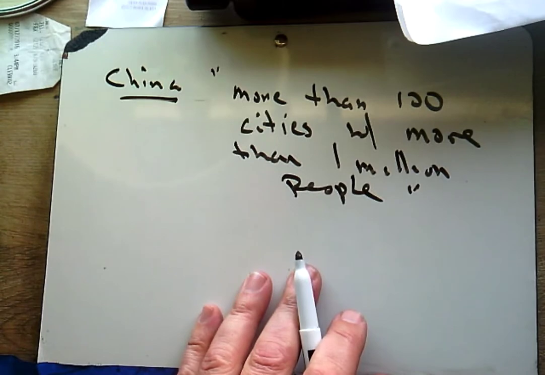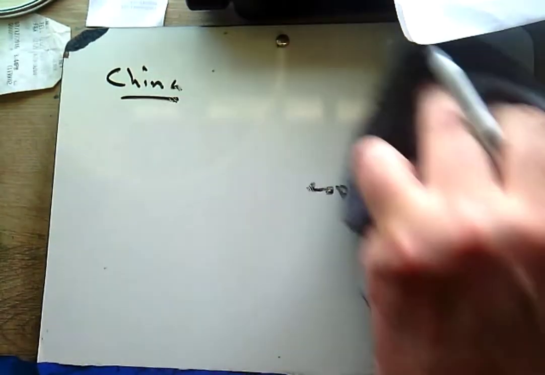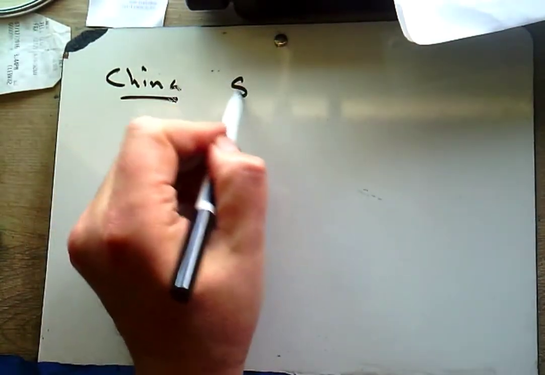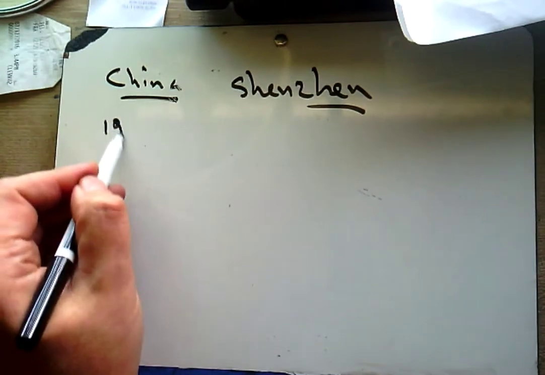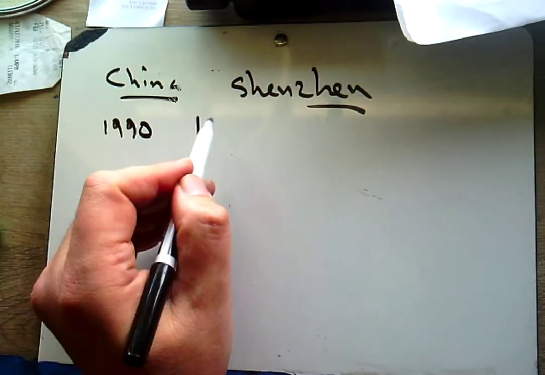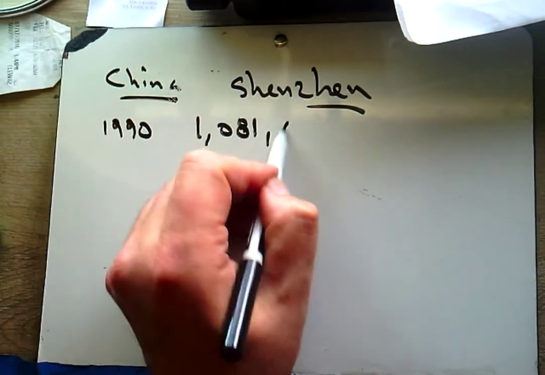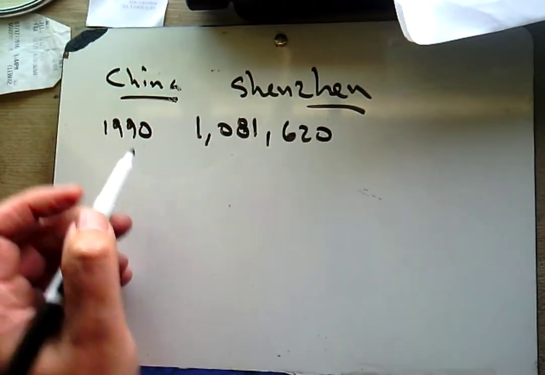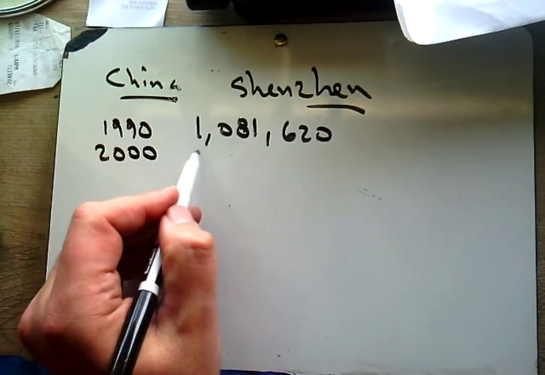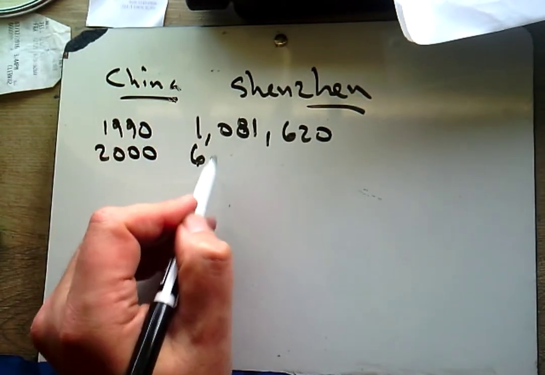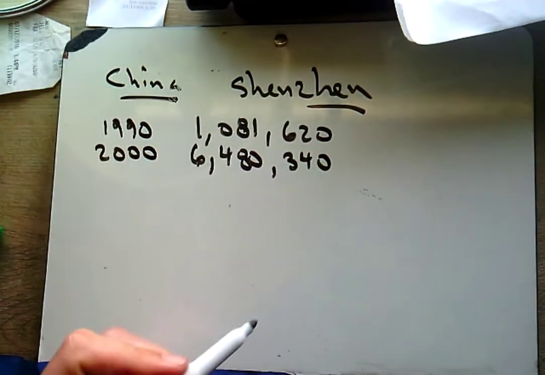Wow, that's a lot of cities. So let's take one of those cities, Shenzhen, in 1990. It had a population of 1,081,620 people. In 2000, 10 years later, 6,480,340.